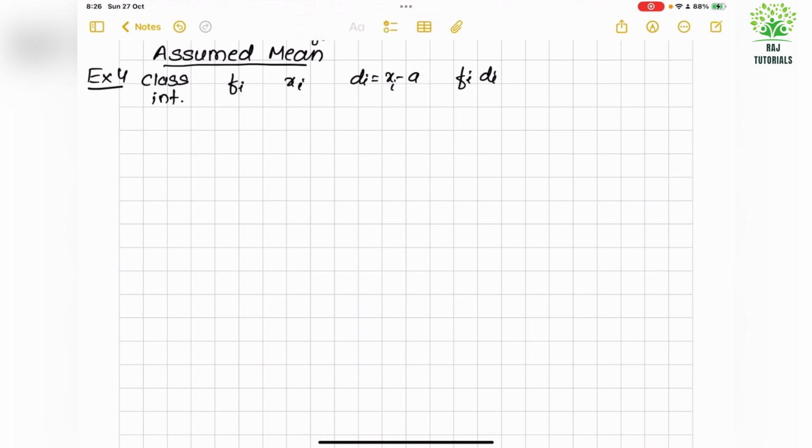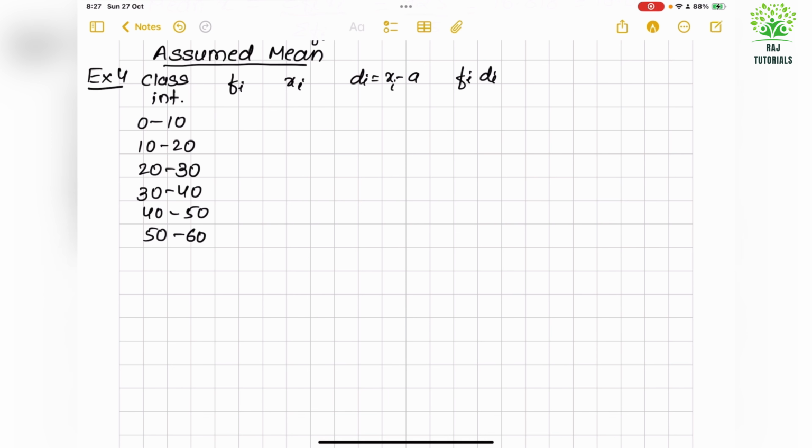Now the second method to find the mean is the assumed mean. Here also I am taking the same example, 0 to 10, 10 to 20, 20 to 30, 30 to 40, 40 to 50, and 50 to 60.